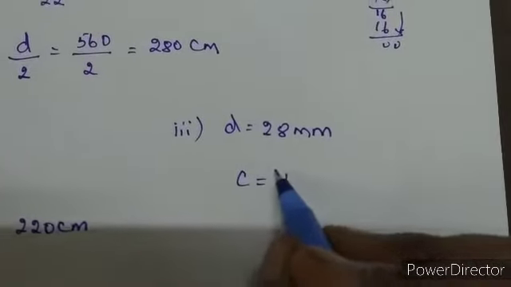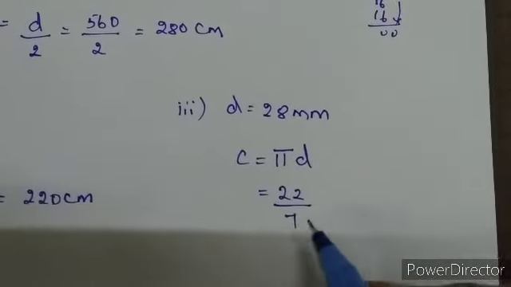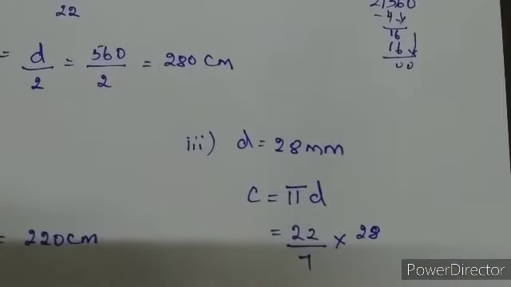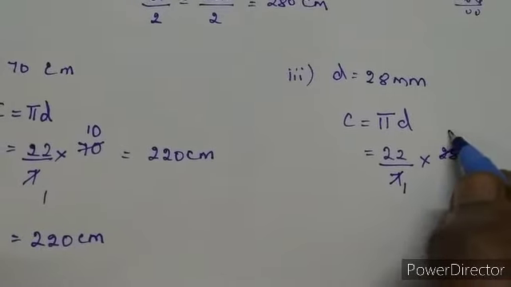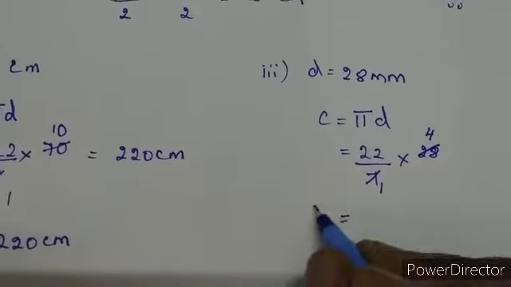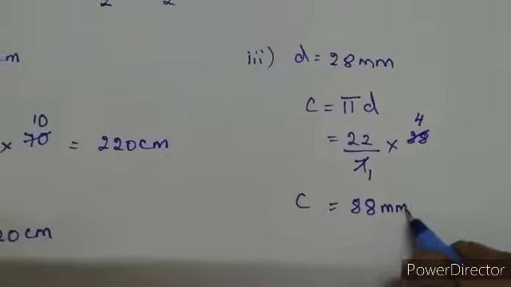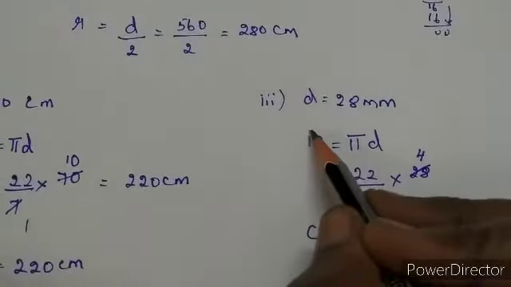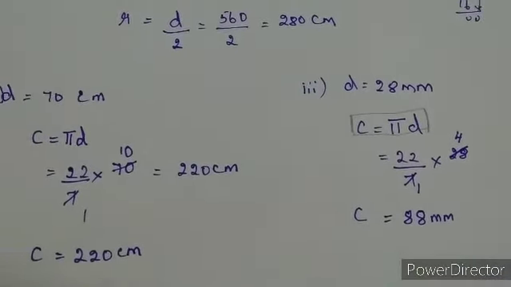C equals pi d, and the pi value is 22 by 7 into 28. 7 fours are 28, so 4 remains, now 22 into 4. The circumference is 88 millimeter. Yes. So try to highlight the formulas in a box by using the scale and pencil.